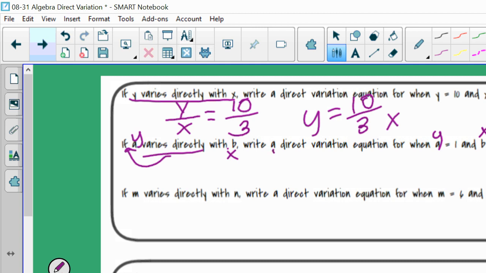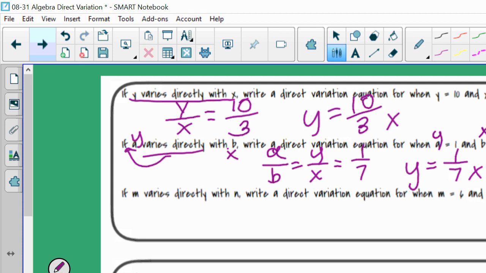So I'm going to do A over B, or in this case also Y over X, which equals 1/7. So my equation is Y equals 1/7 X. Or I could say A equals 1/7 B.